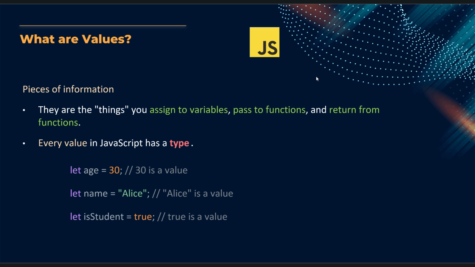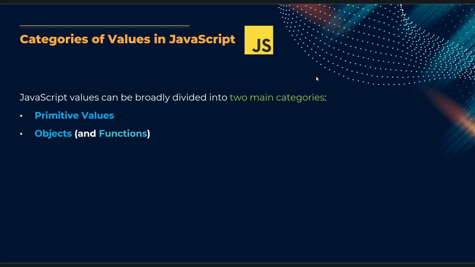It's a number. If we write let name = "Alice", that "Alice" is a value. It's some text, or what we call a string. And if we say let isStudent = true, true is a value. It's a simple yes or no, a boolean.